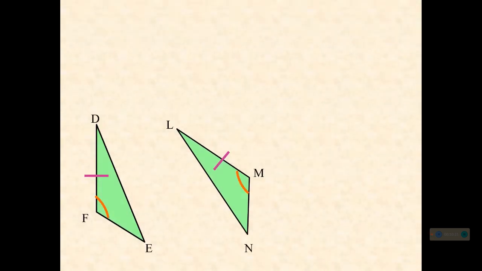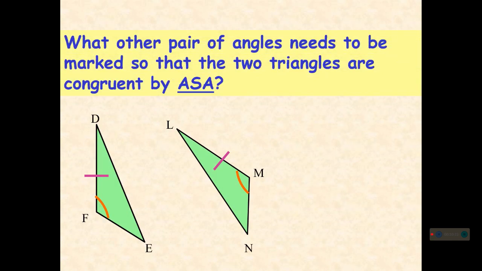Okay. So how about this question? What other pair of angles needs to be marked so that the two triangles are congruent by ASA? So as you have seen on the first triangle, we have here angle F, which is congruent to angle M on the other triangle. And then we have here segment FD is congruent to segment ML.